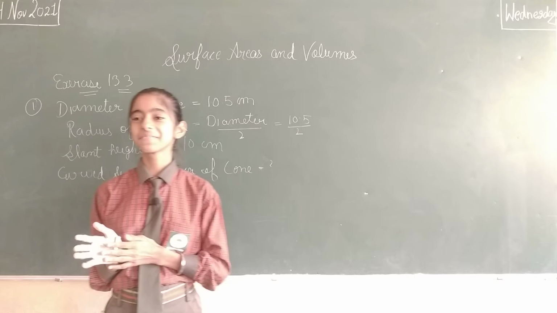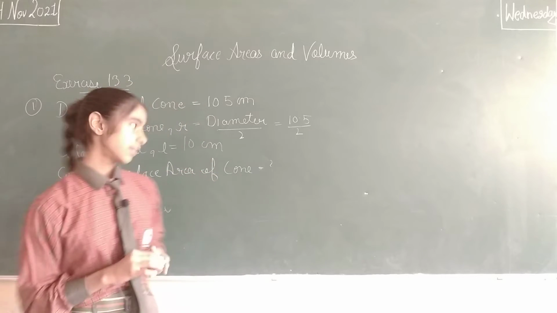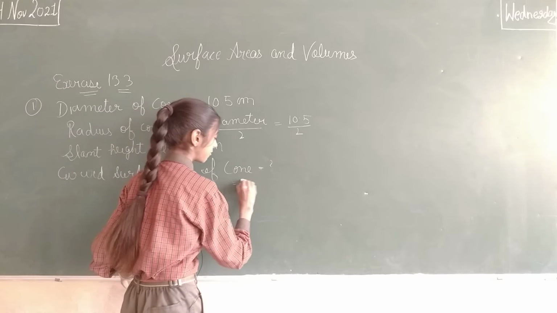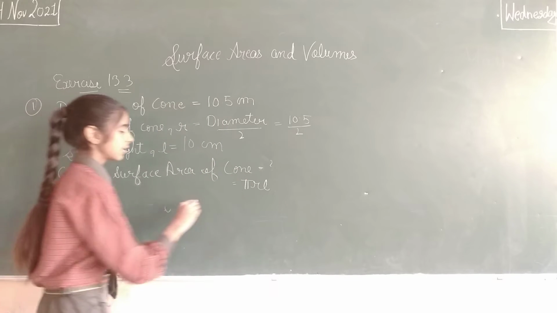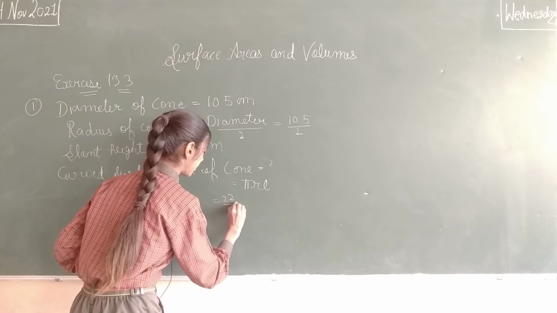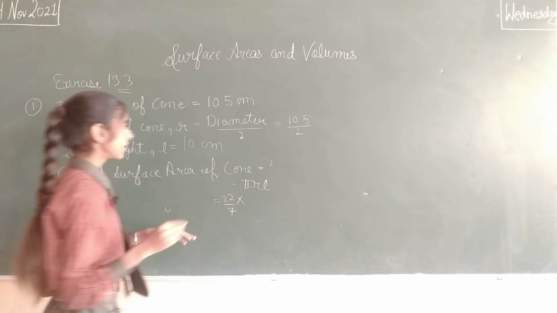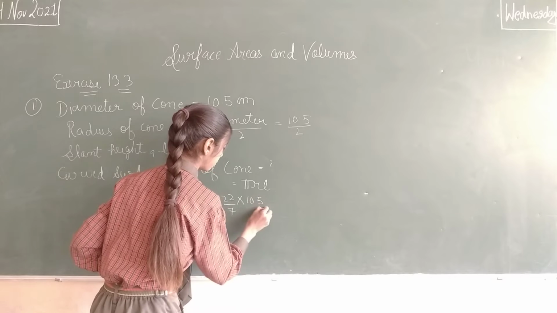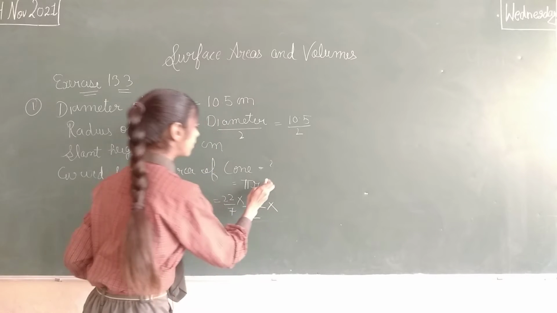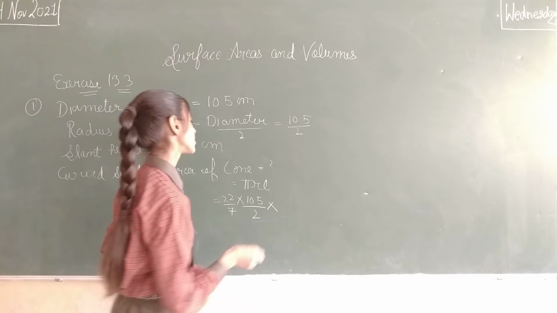Yes Vanshika, pi r L. Okay, right answer. Curved surface area of a cone is pi r L, where pi value is 22/7 and our radius is given as 10.5 divided by 2 and our slant height is given as 10 centimeter.